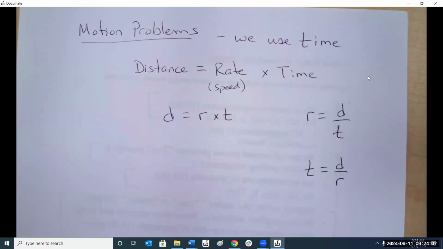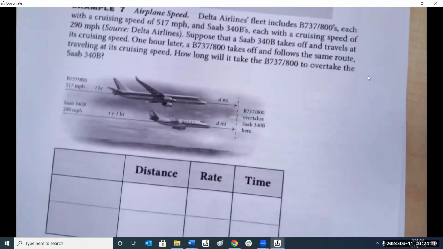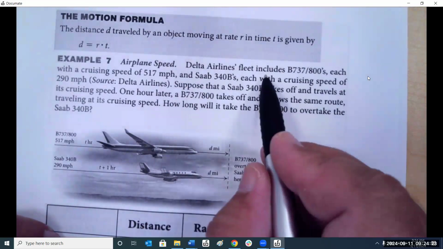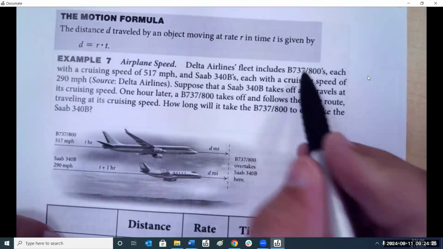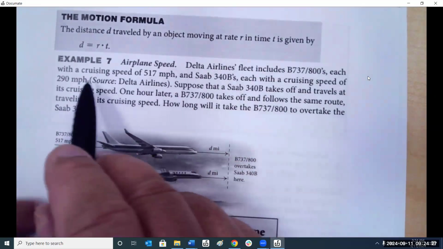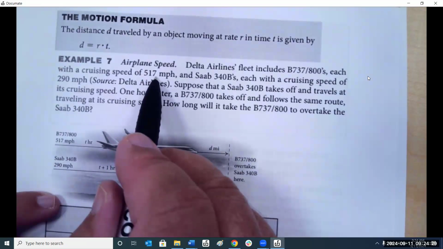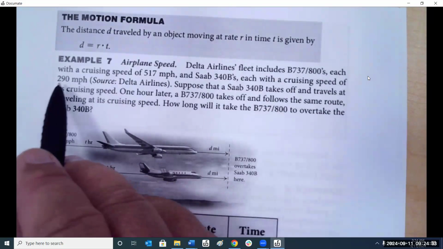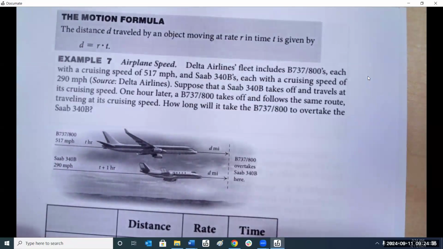All right, so let's look at the next example, example 7. Delta Airlines' fleet consists of 737s, which have a cruising speed of 517 miles per hour, and Saab 340s, which have a cruising speed of 290 miles an hour.